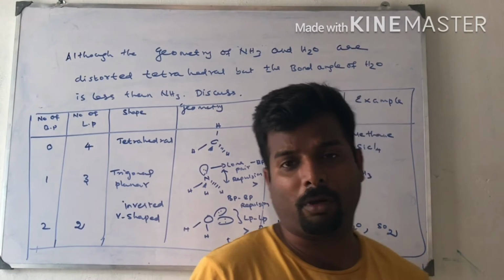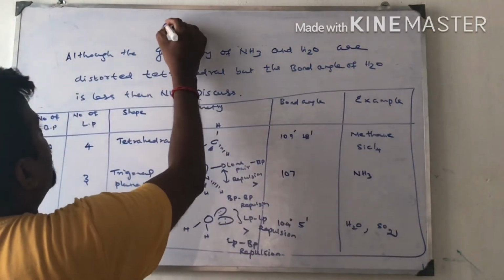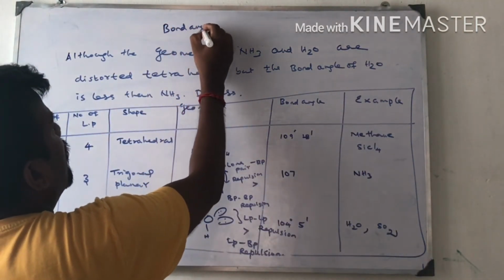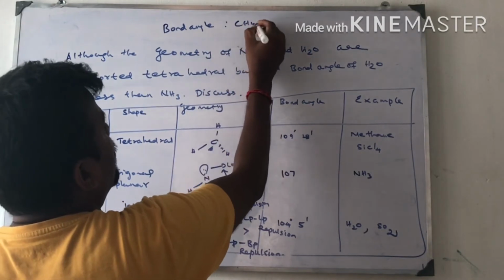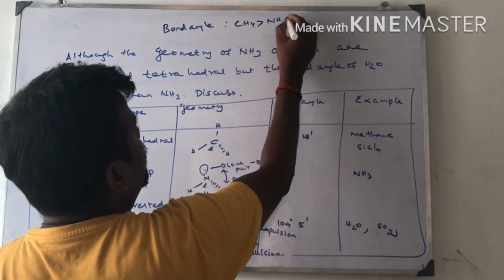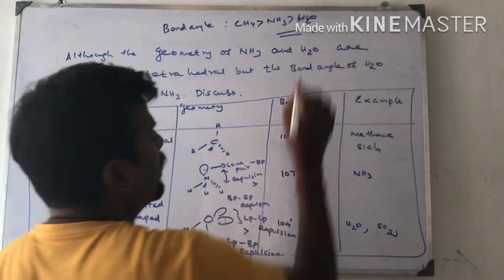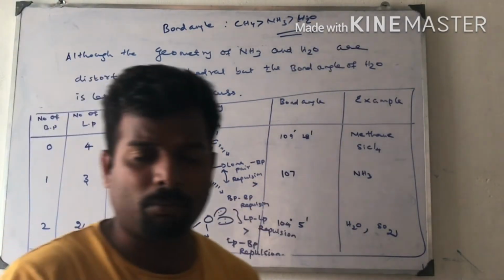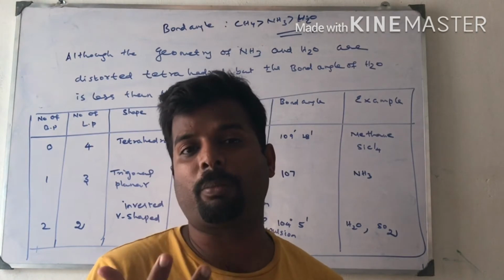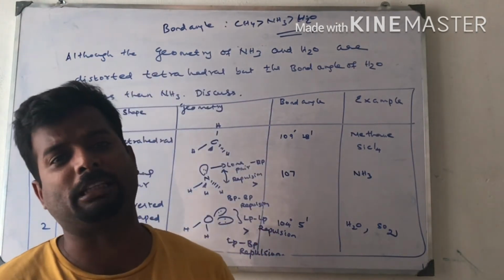Let us see the bond angle. Bond angle of methane is greater than ammonia, greater than water molecule H2O. So this is evidence that if the number of lone pairs increases, the bond angle decreases.